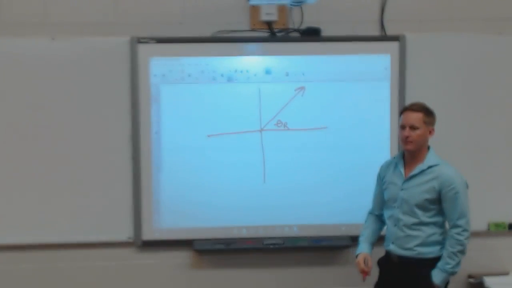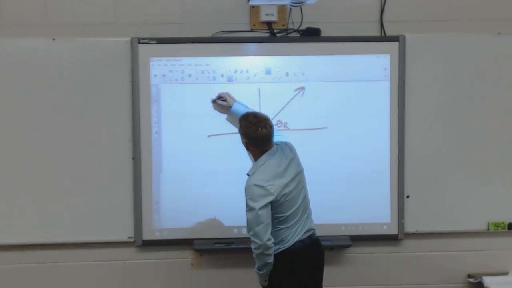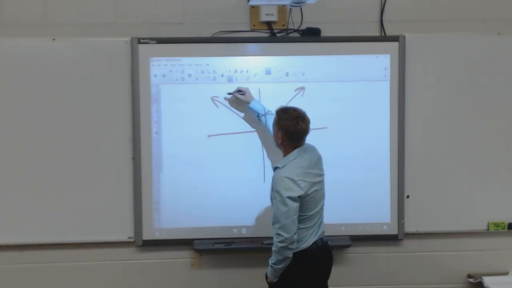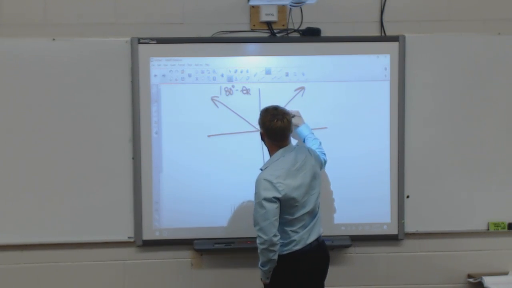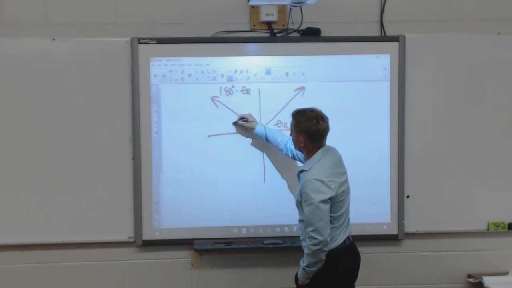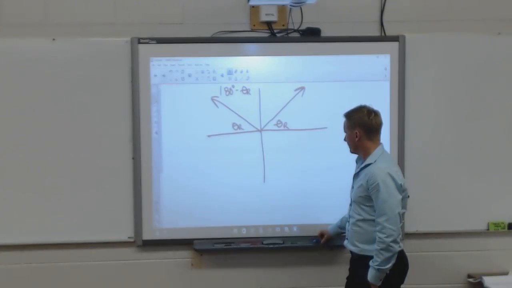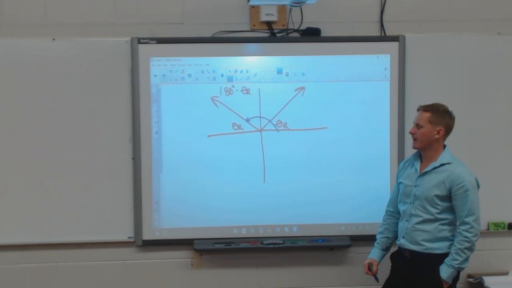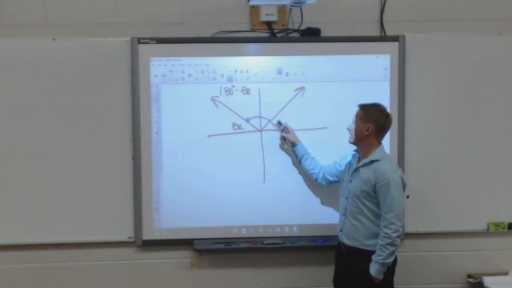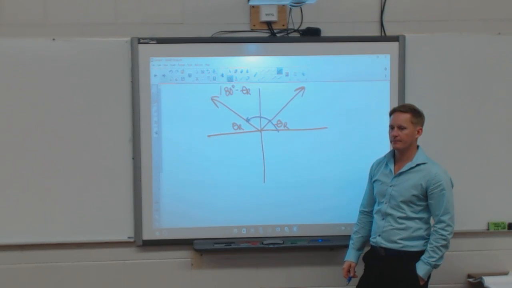To get the other angle, which will be over here, I take 180 degrees minus the original angle, because that angle is also this measure right there. Fair enough?